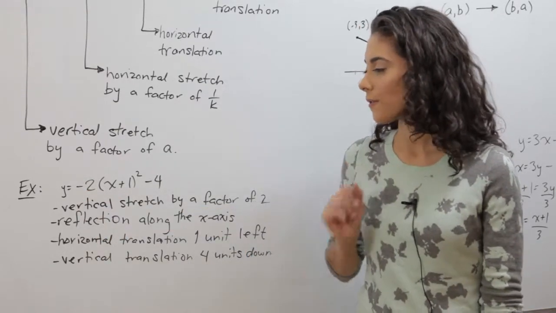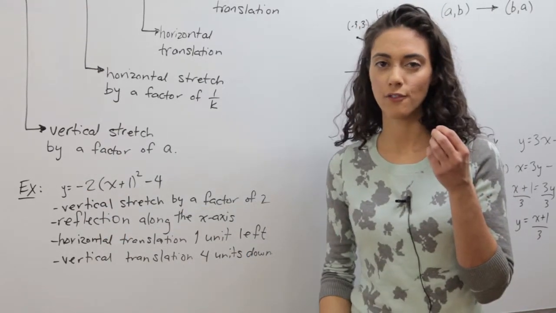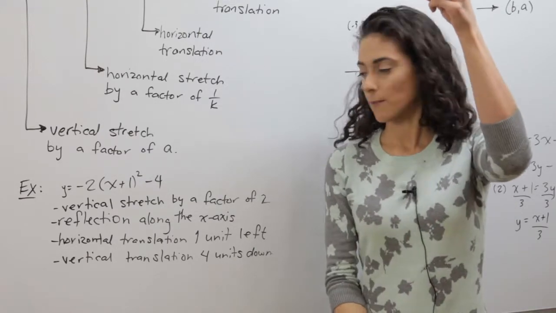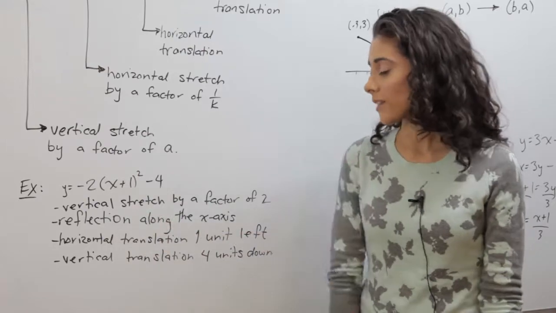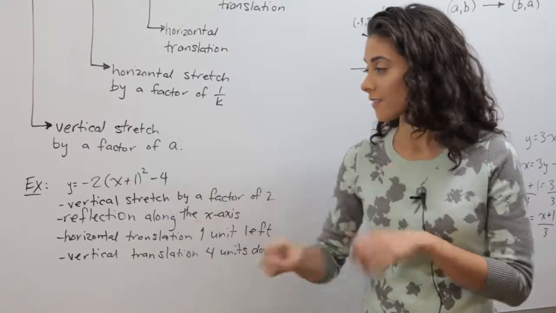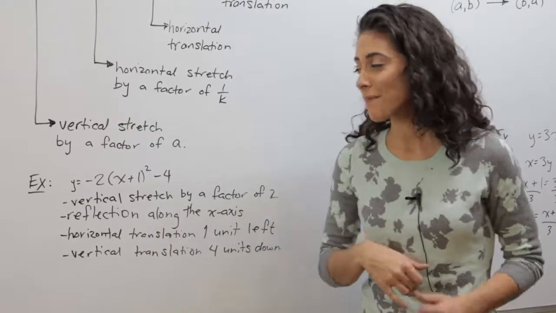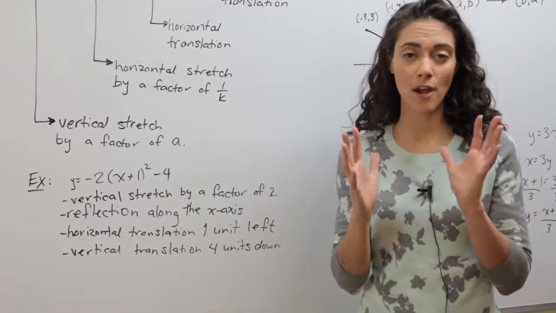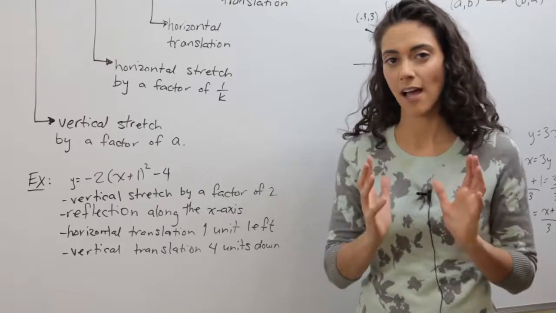The 2 tells you that it's been vertically stretched by a factor of 2. All your y values get multiplied by 2, and as a result, your graph is 2 times longer. This +1 inside the brackets tells you that your whole graph has been shifted 1 unit to the left. Again, plus sign means to the left, minus sign means to the right. And this -4 at the end tells you you've taken the parent graph x squared and shifted it down 4 units.